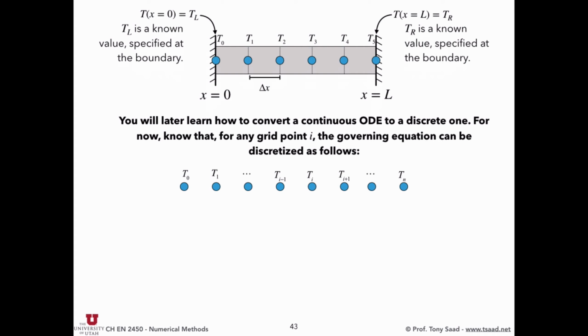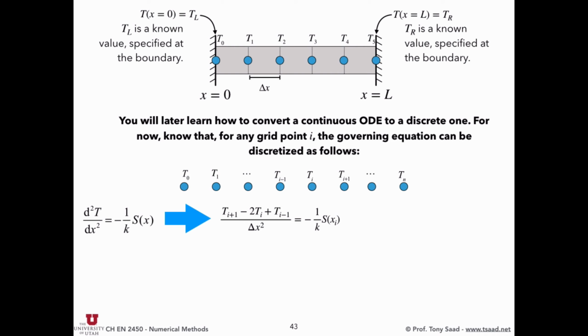And for a general mesh, we did this for 6 points up there. If you do this for an arbitrary number of points, at any arbitrary point i, so it could be T1, T2, T3, whatever, this equation can be converted into this equation. Don't worry about how we did this now. This is not a question for you to answer right now.